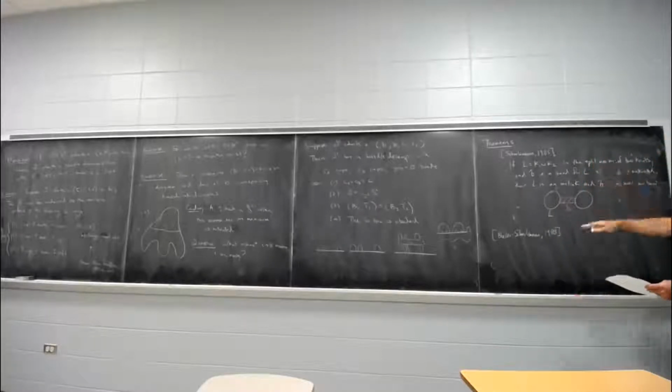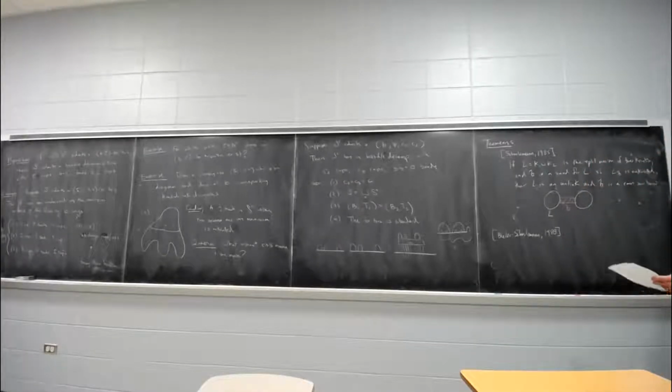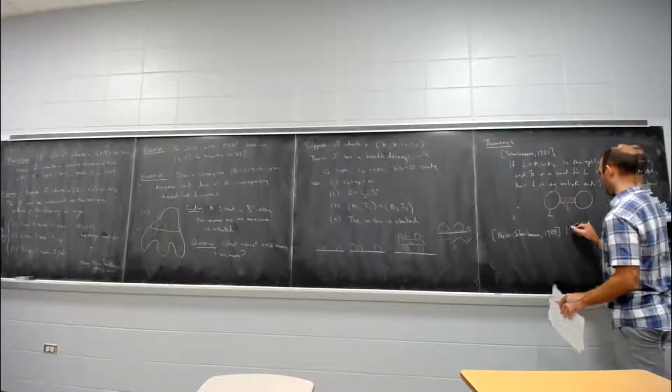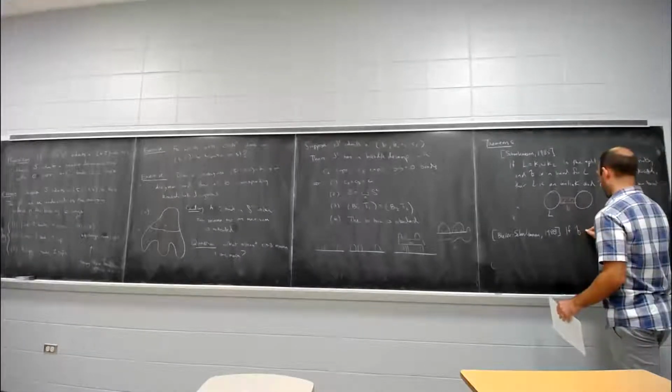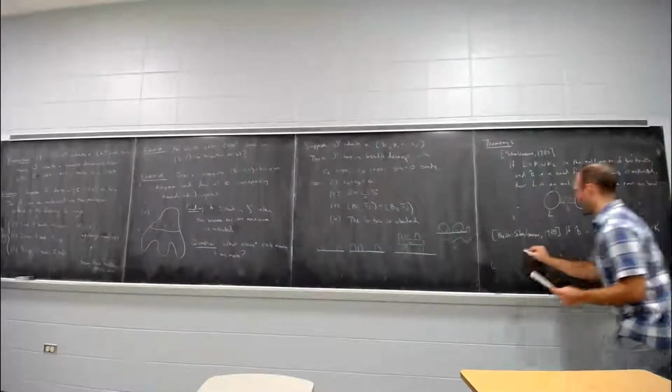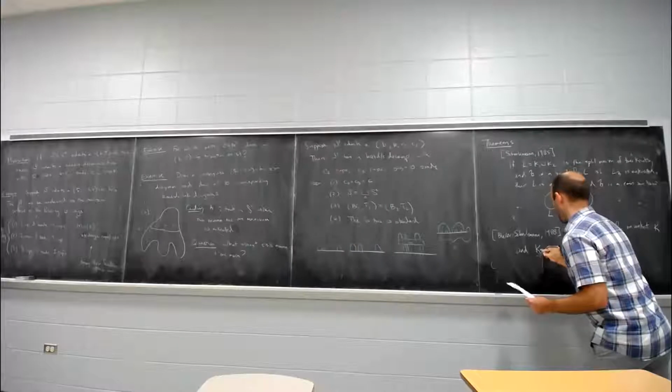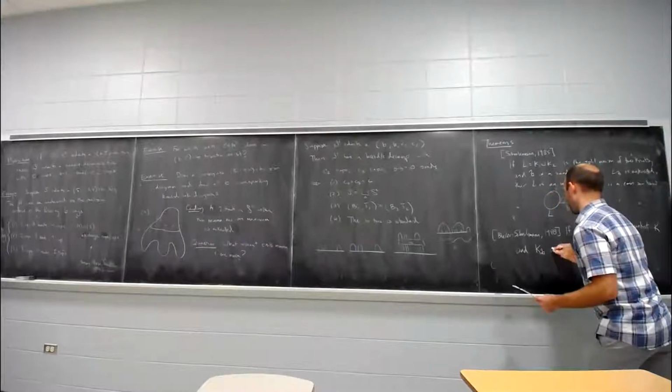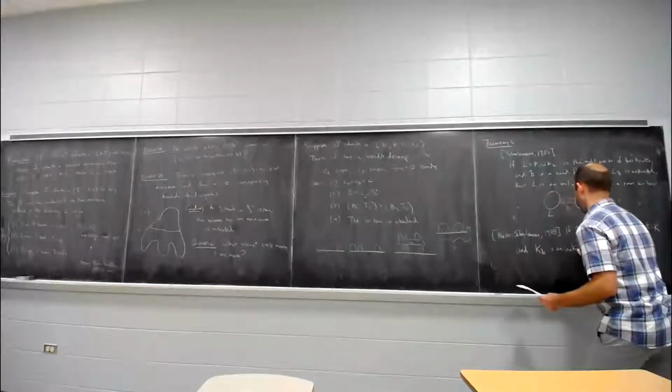Then we have a similar result from Bleiler and Charlemagne a couple of years later. Suppose K is an unknot and B is a band for K such that K resolved along the band is an unknot.